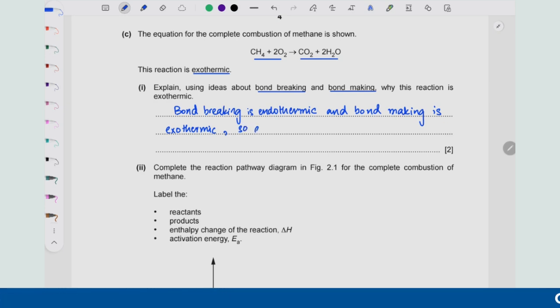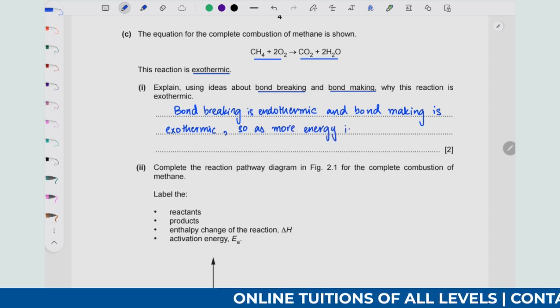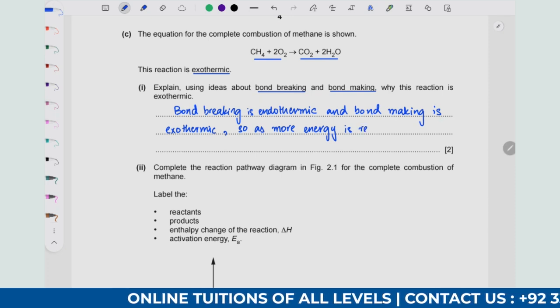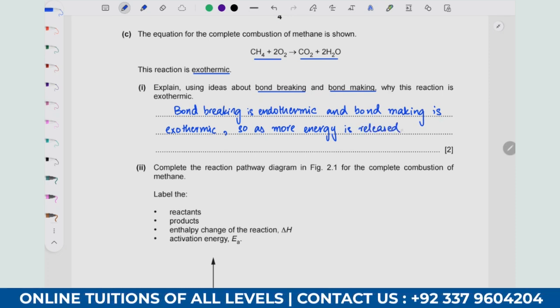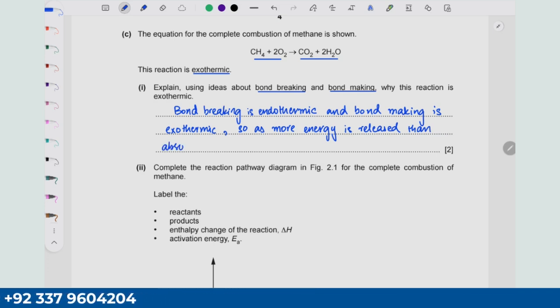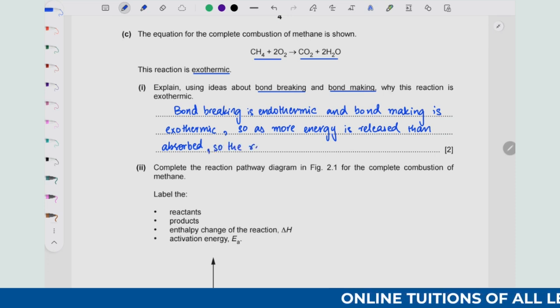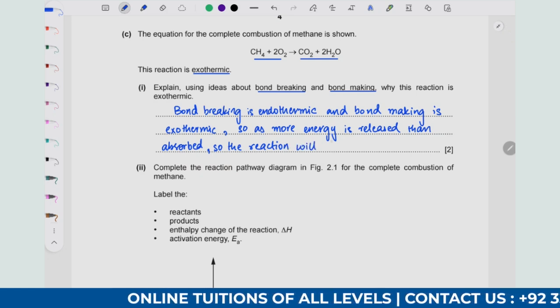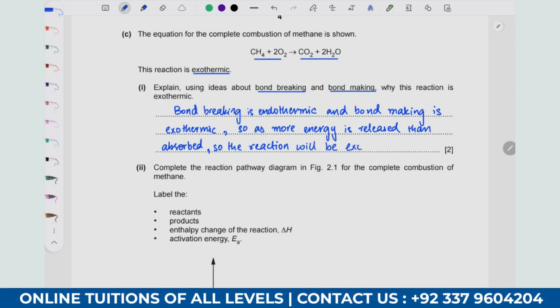So as more energy is released than absorbed, the reaction will be exothermic.